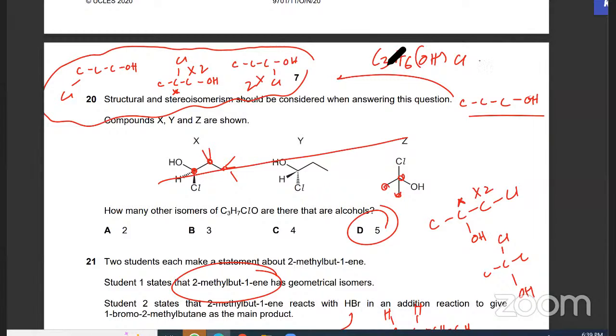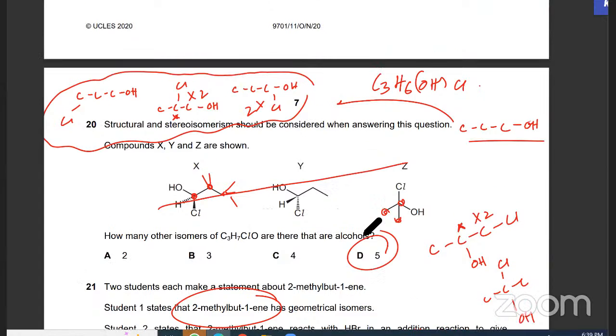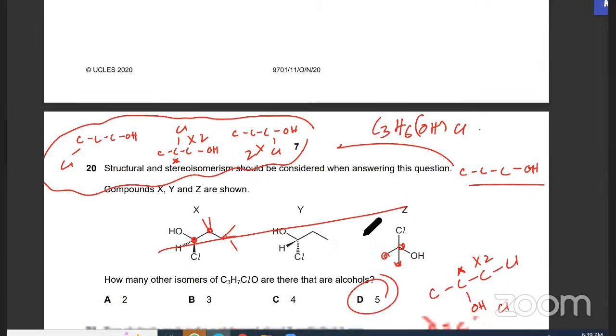I couldn't move the carbon chain because with 3 carbon atoms, that's the only arrangement possible. So I first fixed the OH position right at the end. In the other ones, I changed the OH position and put it in the middle. And once I did that, I started moving around the Cl. That's how I was pretty sure that I did not miss any.